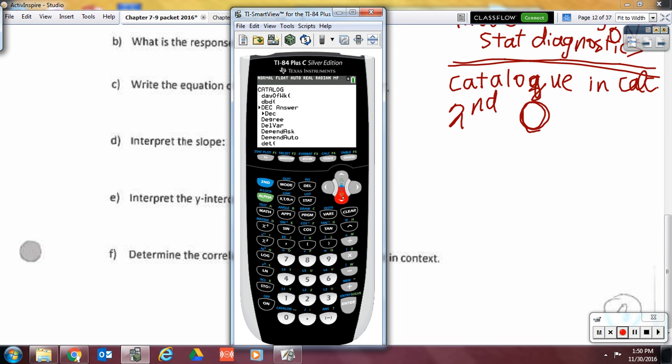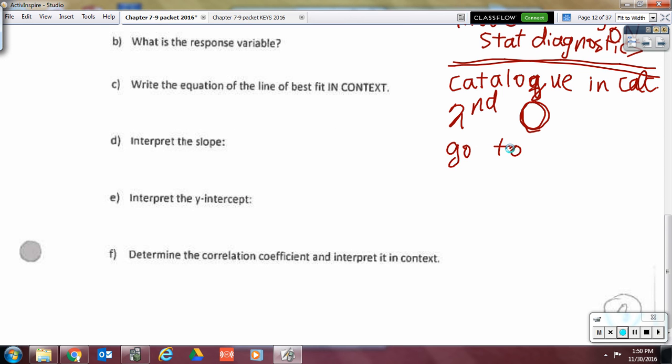So I'm going to go down there and do my little arrows until I find the words diagnostics on. I'm going to hit enter for diagnostics on. It's not done yet. You have to hit enter, and so it says done. So go to the D portion of the alphabet, diagnostics on, and then done.